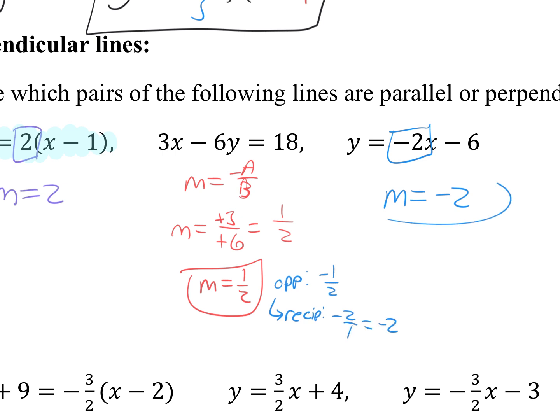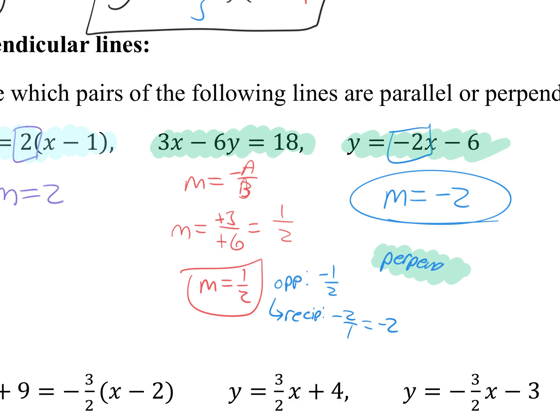And notice, we have a -2 right here. That means the slope of this line right here and this line right here are perpendicular to each other. All right, so then I'm going to say that these last two lines are perpendicular.